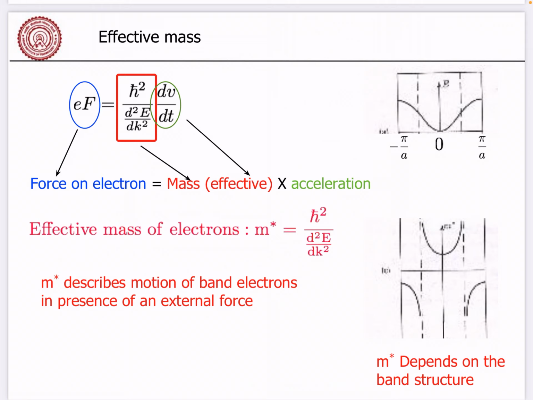We know the free electron mass, but as soon as this electron experiences a periodic potential, it behaves as if it has a certain effective mass, which depends on the band structure of the electron. That means how it behaves energetically as a function of k, the effective mass depends on that. And depending on that effective mass, you show different properties of the charge carriers within the crystal.